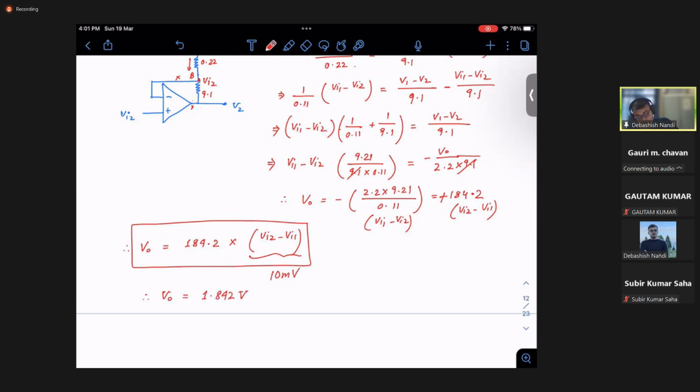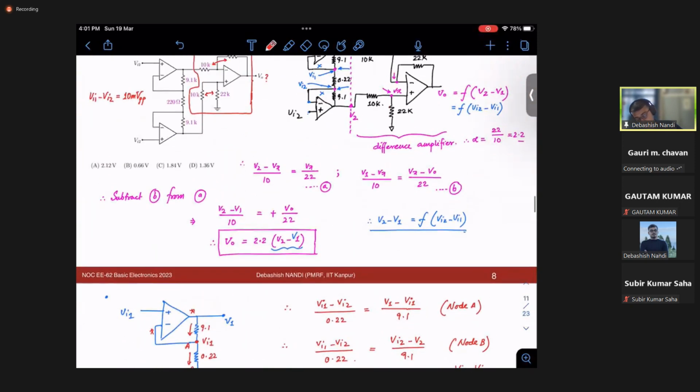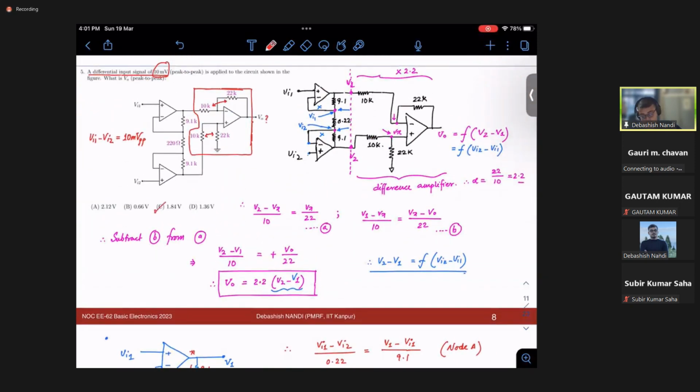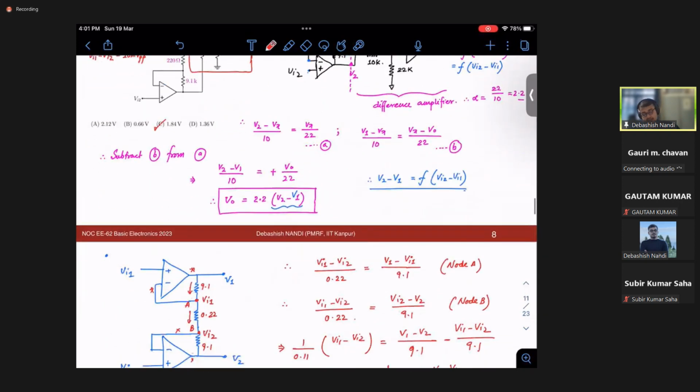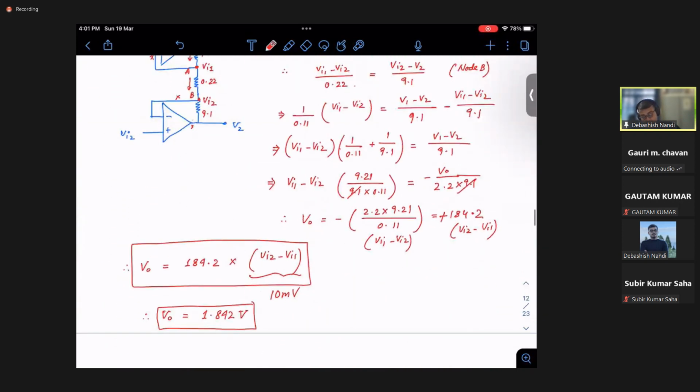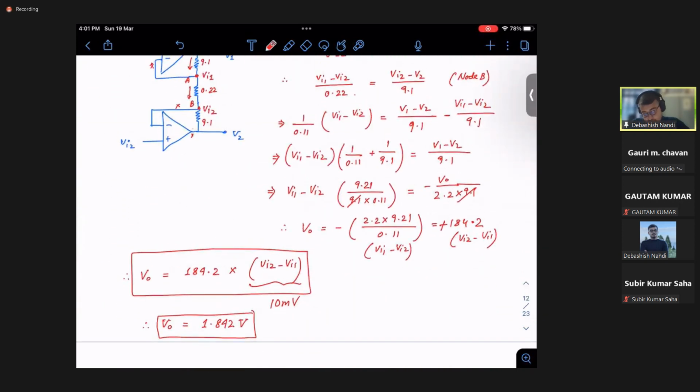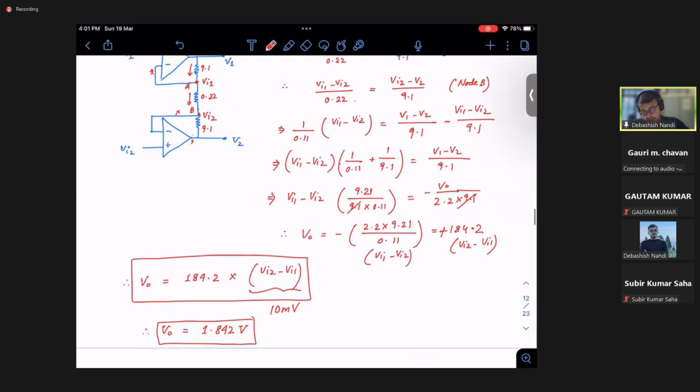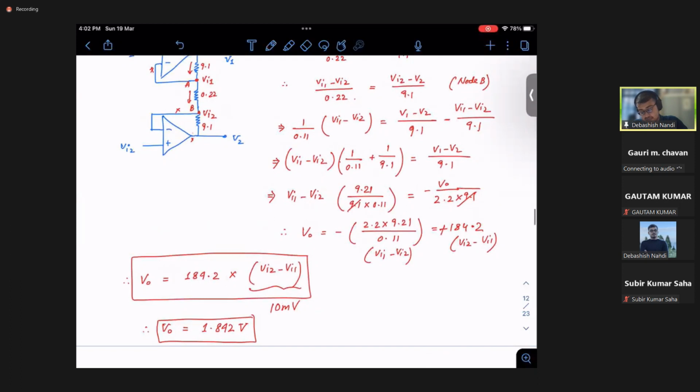Now you can see that in this case we have again a difference amplifier, right? The difference of the input is getting multiplied by some alpha and giving me V naught. It is a more complicated circuit than the earlier case, right?